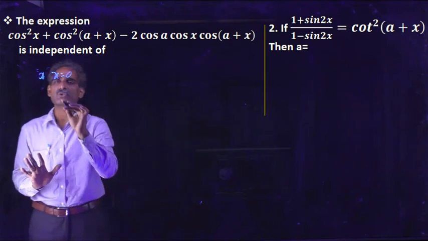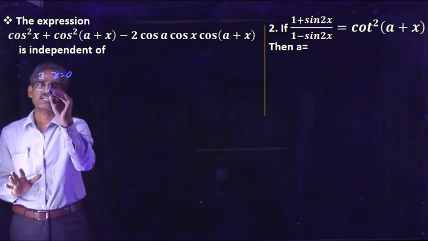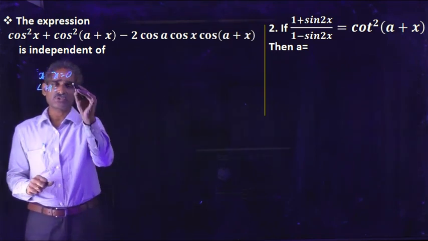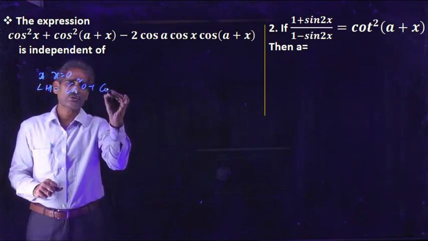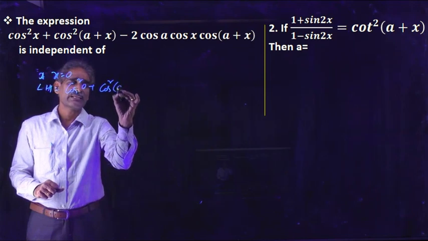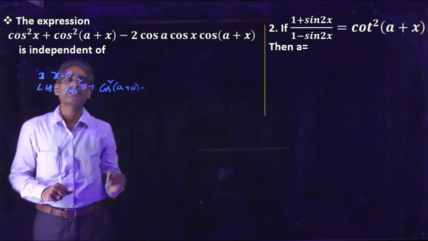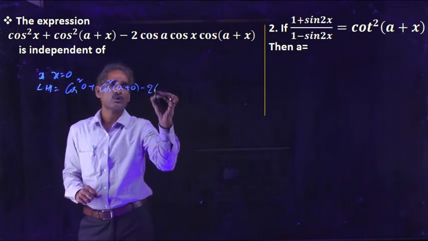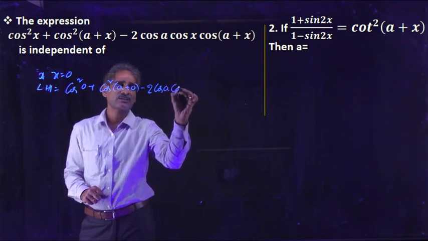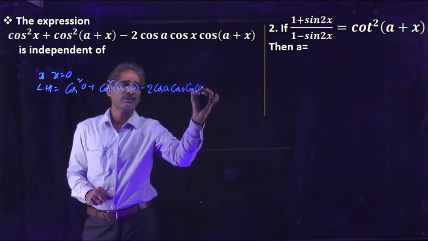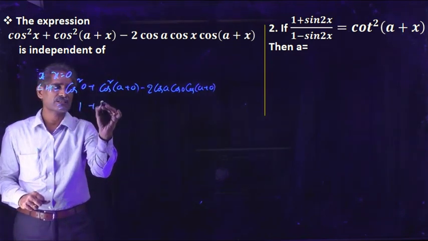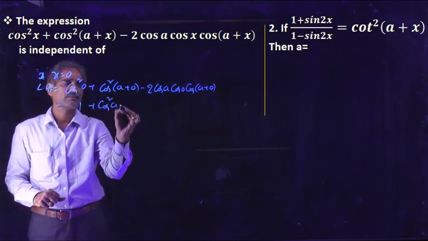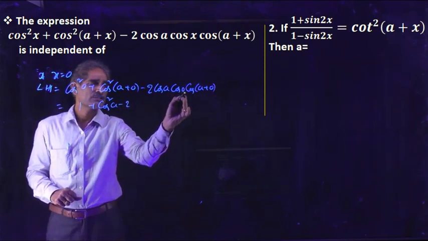If x equals 0, the left hand side, LHS, becomes cos square 0 plus cos square (a plus 0) minus 2 cos a cos 0 into cos of (a plus 0). So now this is equal to 1 plus cos square a minus 2 cos square a, since cos 0 is 1.